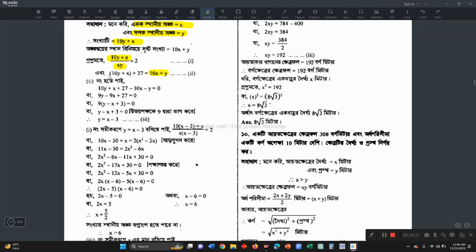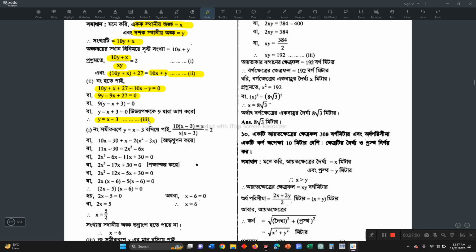So 10y plus x plus 27 is equal to 10x plus y. From this equation number 2, what we get: 10y plus x plus 27 minus 10x minus y is equal to 0, or 9y minus 9x plus 27 is equal to 0, or y is equal to x minus 3.